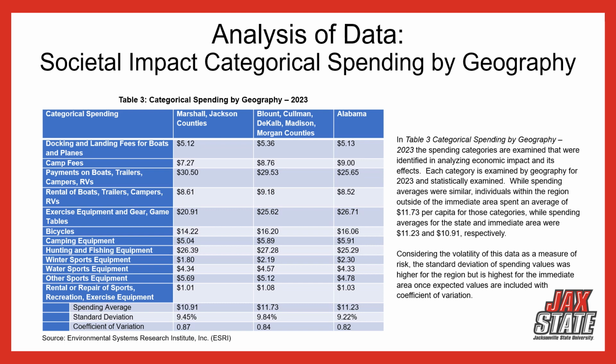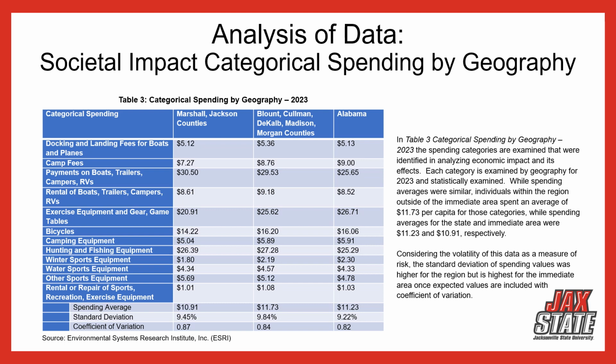So each of these spending areas, whether it's docking and landing for boats, camp fees, payments on boats and trailers and campers, rental of boats, exercise equipment, bicycles, camping equipment, hunting and fishing equipment, all of these various types of recreational equipment represent different spending categories that were used for the economic impact area.